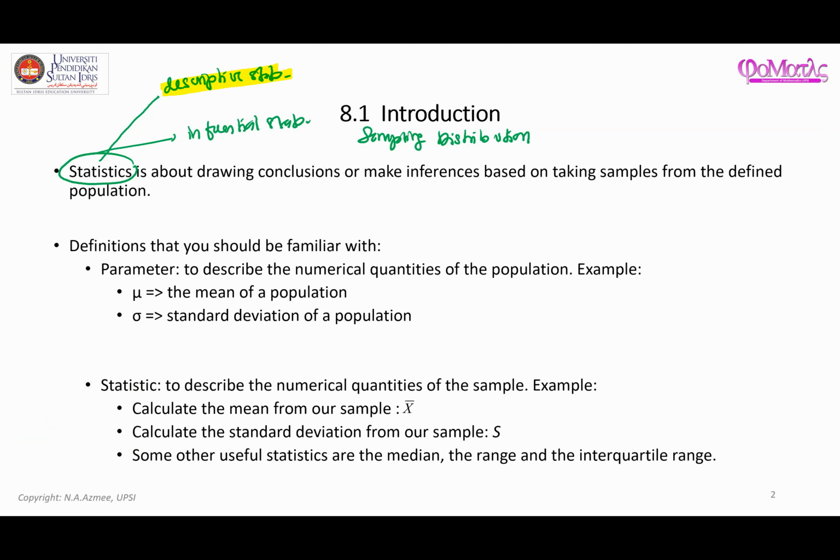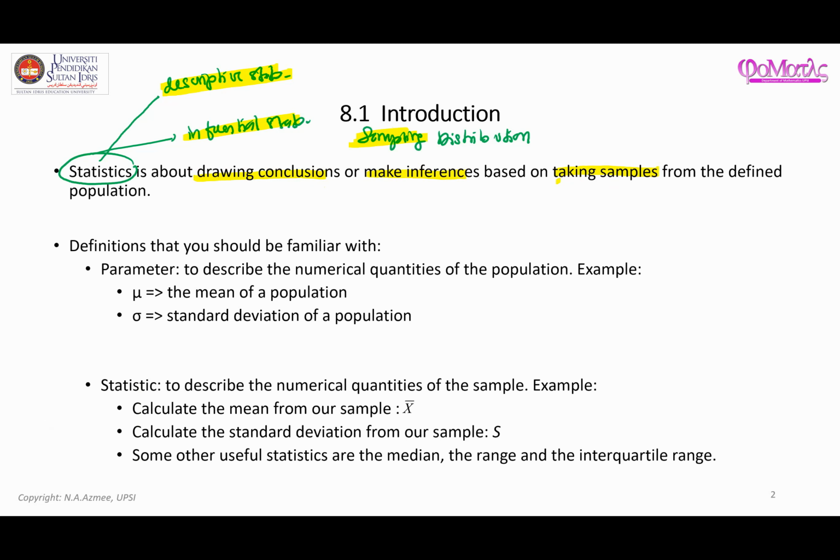So basically just a simple description of the data set. Whereas in inferential statistics, you are more concerned about drawing conclusions or making inferences based on taking samples from the defined population. And when you talk about taking samples, that is the idea of sampling.